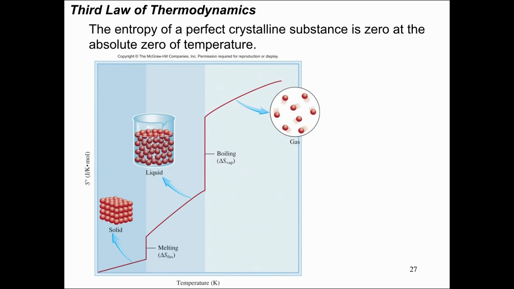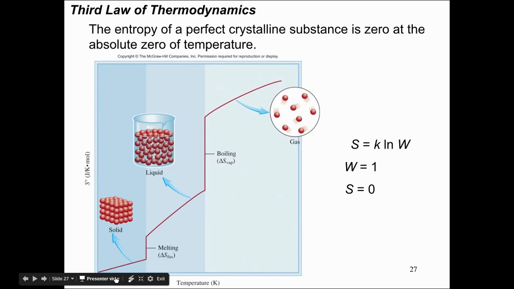This is very convenient because in a perfect crystalline solid, with no imperfections in the crystal, at absolute zero, if the microstates are factored in, you can only have one arrangement that those particles could be in. So W will be 1, and if you take a natural log of 1 based off of the Boltzmann equation we saw in our first video, you're going to have a value of entropy that's 0, okay?